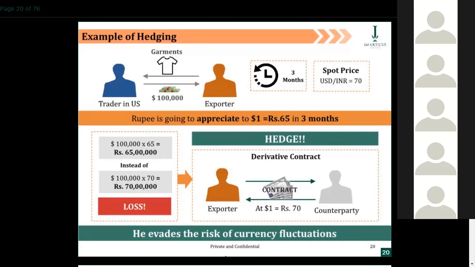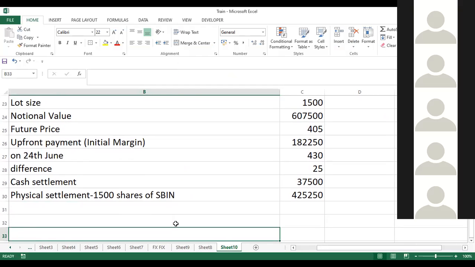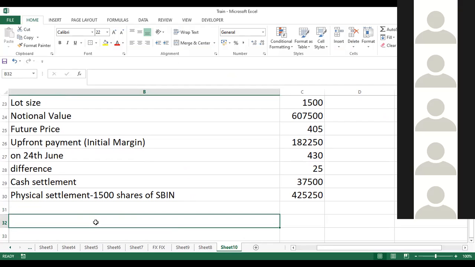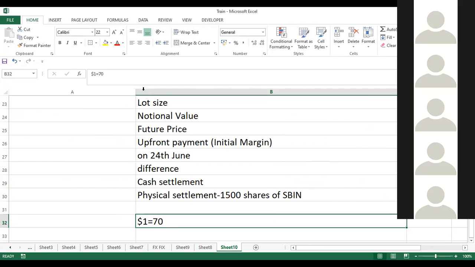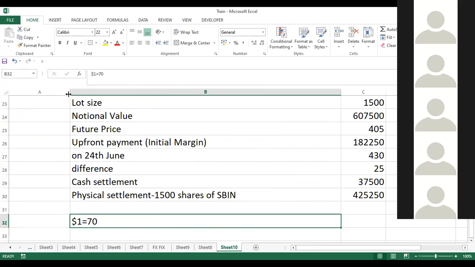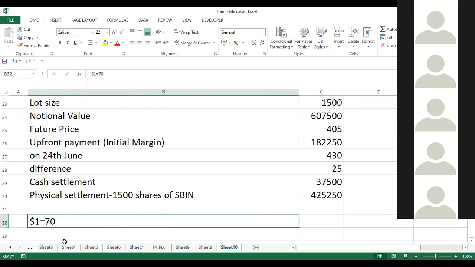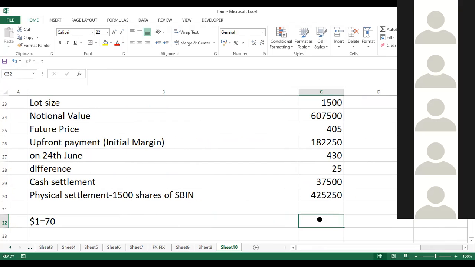So just to show you here in the Excel file, you can look at this. $1 is equal to 70 rupees, and the deal amount is equal to $100,000.